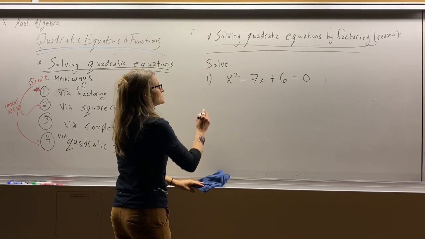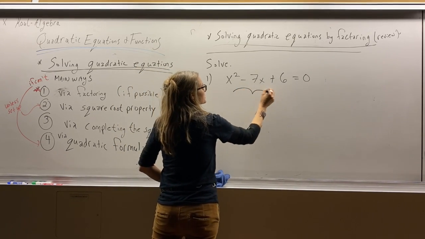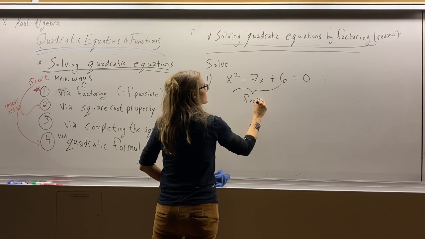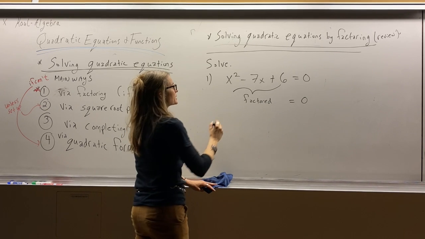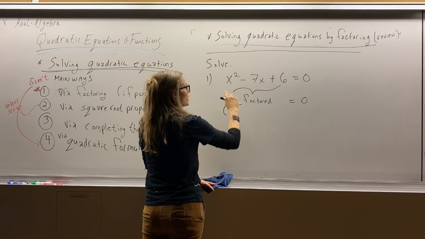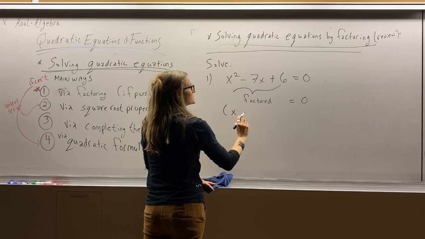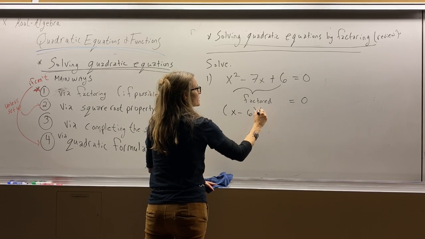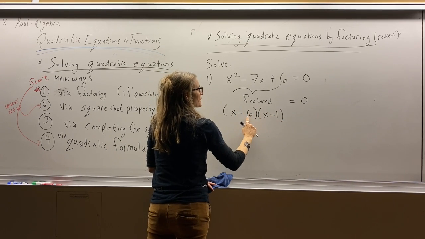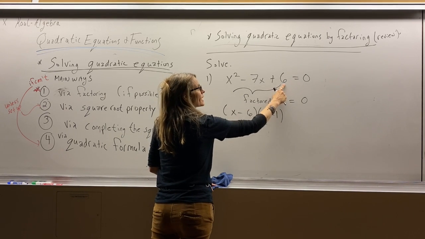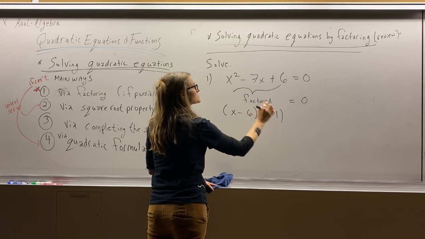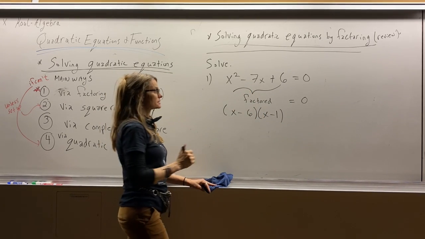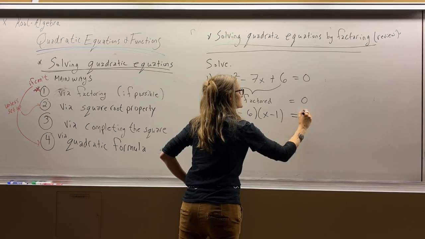And what I want to do is get this whole side factored, and this side set equal to 0. So here my factors will be, with my regular factoring technique, x minus 6 and x minus 1, so that minus 6 times minus 1 add up to plus 6, and my middle terms minus 6x and minus 1x add up to minus 7x. So this whole thing is equal to 0.